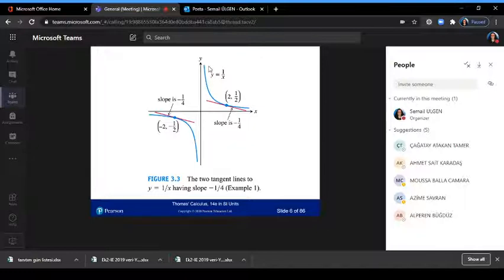This is just again the butterfly example, 1 over x. We just put in, for example, this is the point P, (2, 1/2), and the slope is going to be what? Negative 1 over a squared. A is 2, so it's going to be negative 1 over 4.